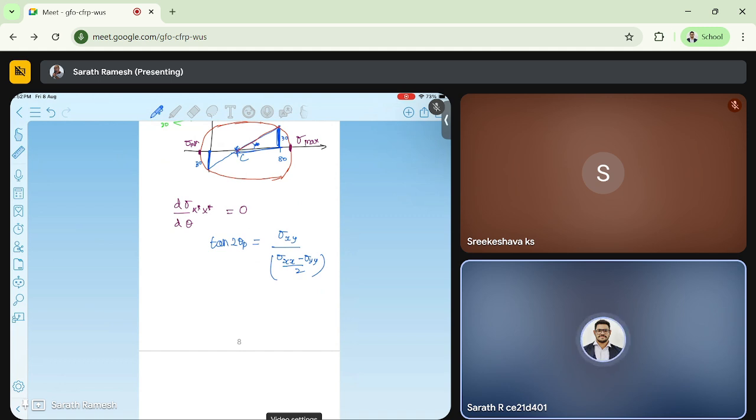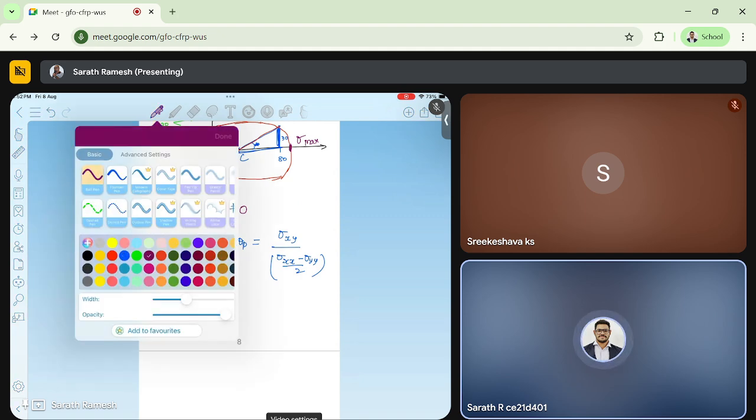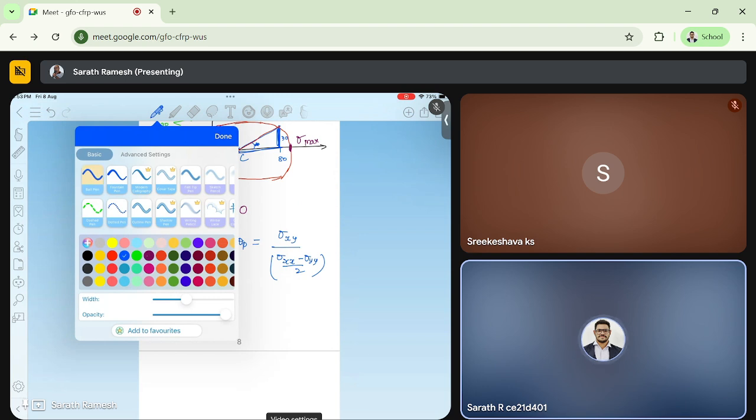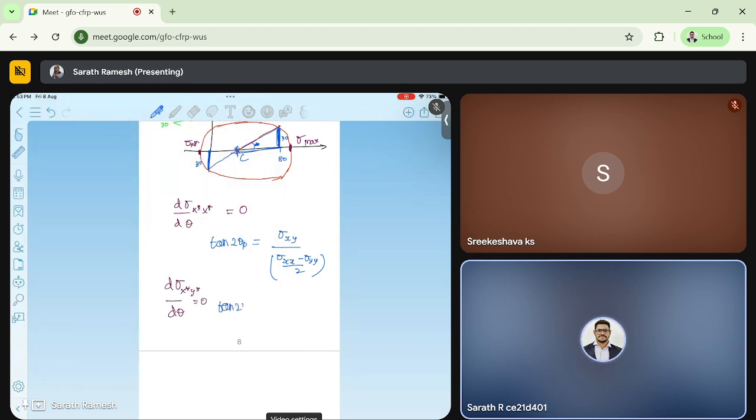Similarly, we can set d sigma x star y star by d theta equal to 0, and we will get tan 2 theta s as negative of (sigma xx minus sigma yy)/2 by sigma xy.